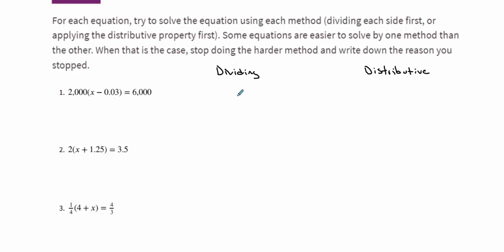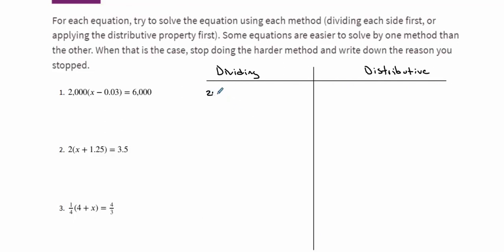Okay, let's do this one. So we're going to start out with 2,000 times the quantity x minus 0.03 equals 6,000. So this one I'm going to divide by 2,000.